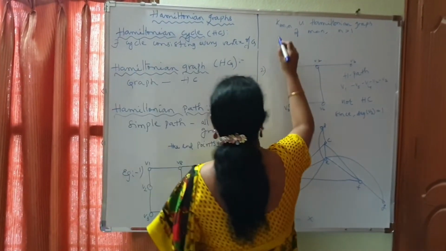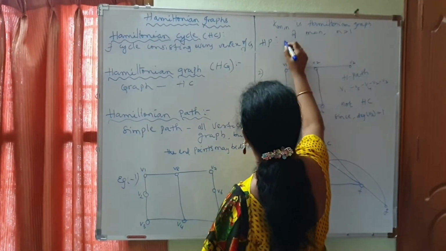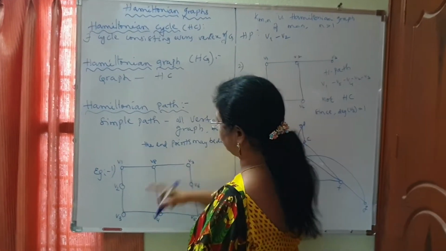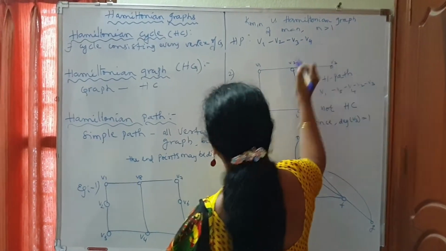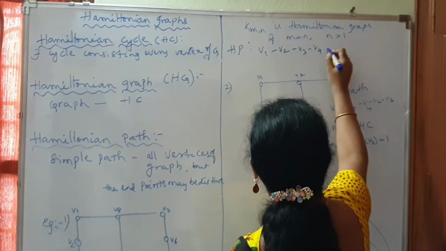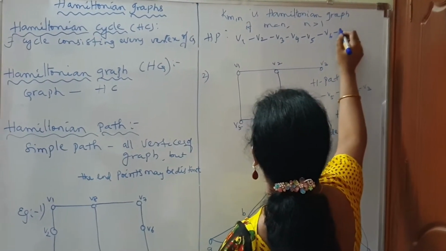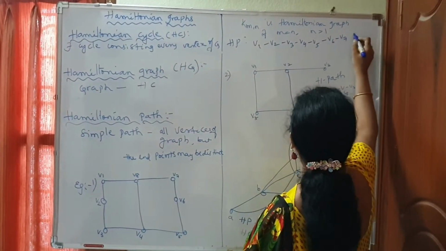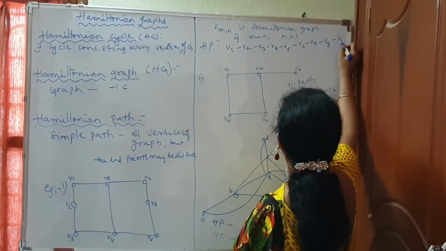Here the Hamiltonian path we can write from this graph as V1, V2, V3, V4, V5, V6, V7, V8, and V8 to V1.